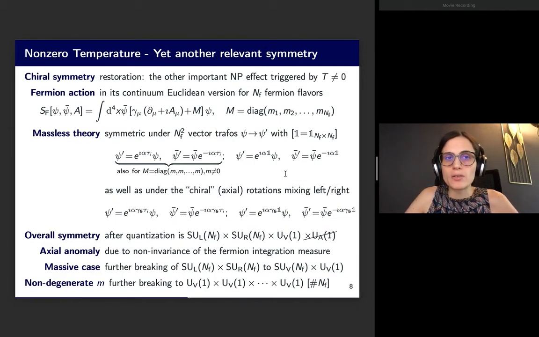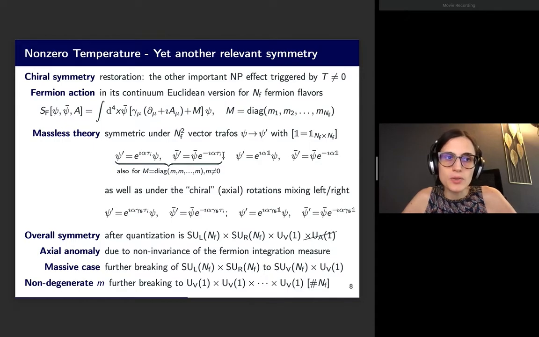Okay, moving on to the relevant symmetry for the more intricate case of full QCD, where we also have the fermionic part of the action to pay attention to. The relevant symmetry there is chiral symmetry, and what happens is that this symmetry is restored rather than broken when you raise the temperature. And this is the other important non-perturbative effect which is triggered by a non-zero temperature.